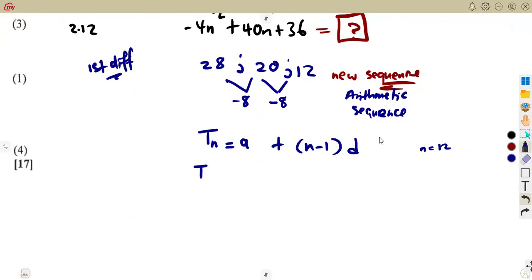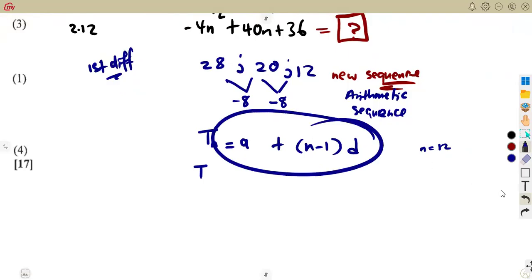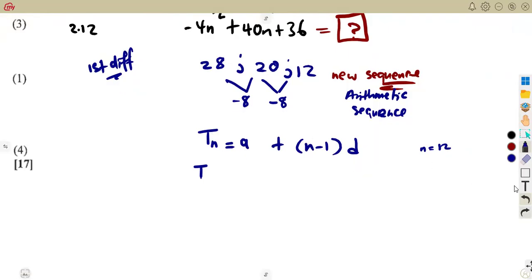Yes, you can first find Tn, it's up to you, but this is not like a question that is under an arithmetic. It's a question that we are just taking on from a quadratic. So guys, we can just substitute our values directly. Our n, we understand that is 12. So T12 is equal to, that's for a linear, guys, all right? So a is our first term. For these first differences, what are we having as our first term? That is our a, which is our T1. That's 28 plus n, remember, your n is what? It is 12. So that's 12 minus 1.